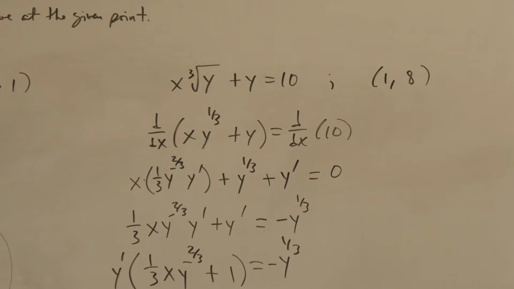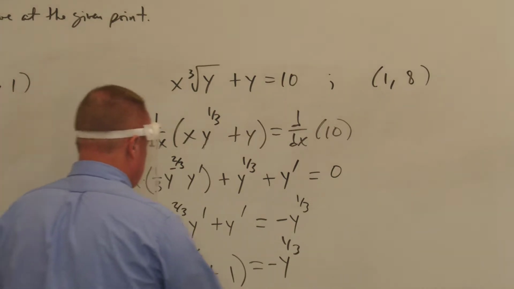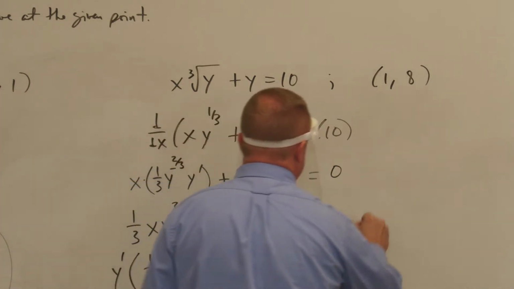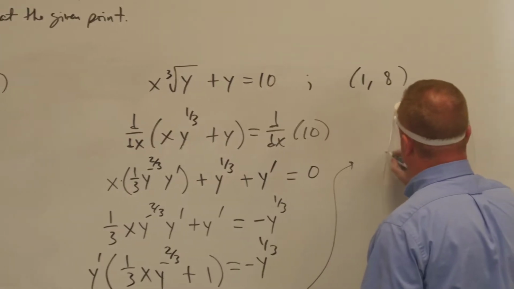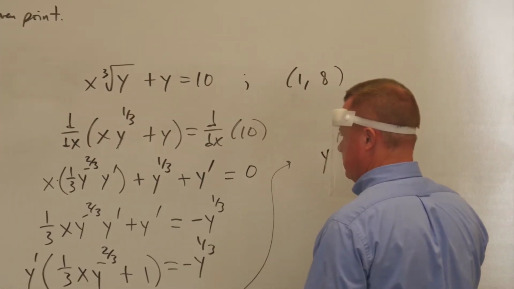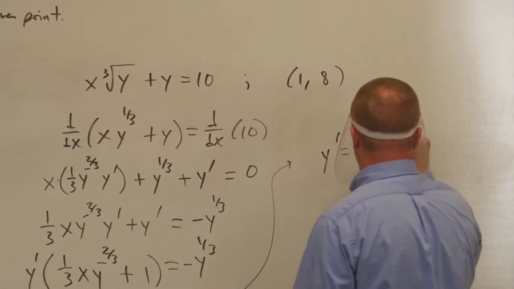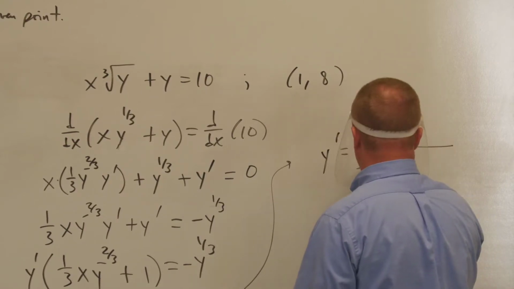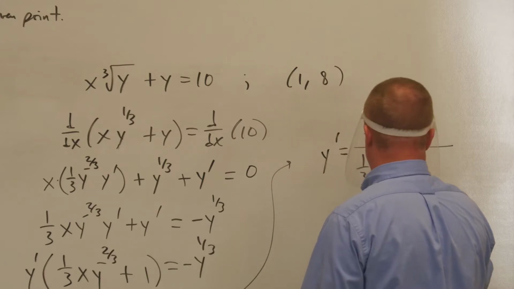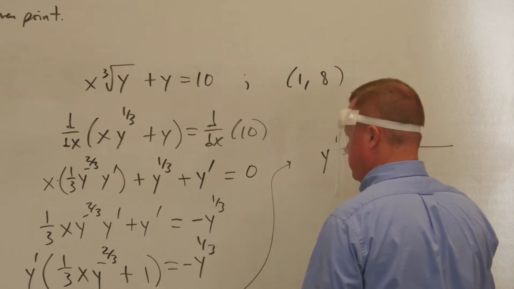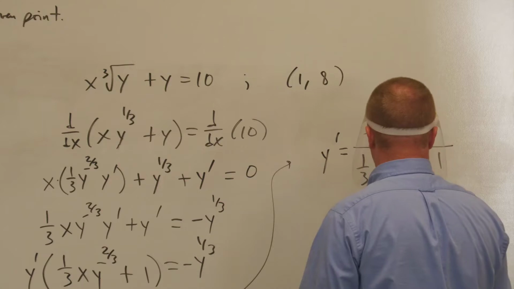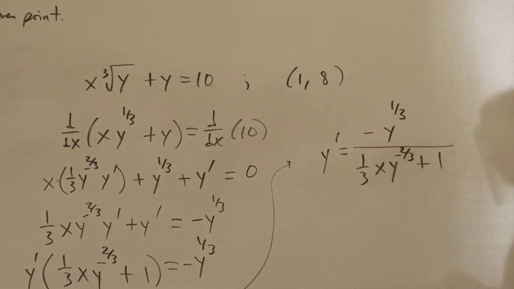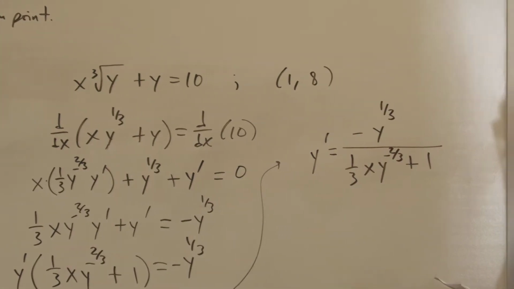Now I've got y prime times that. So divide both sides now by that, and you will get y prime equals negative y to the 1/3 over 1/3 x y to the negative 2/3 plus 1. Okay? Any questions up to that point?